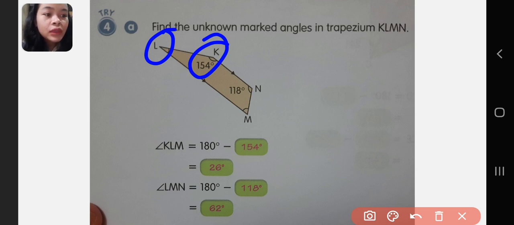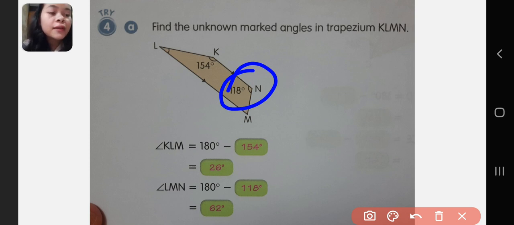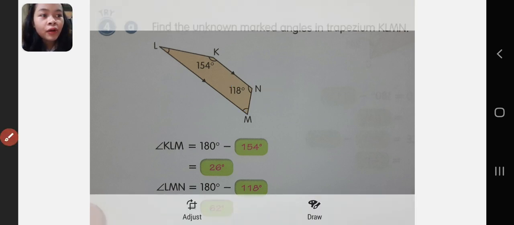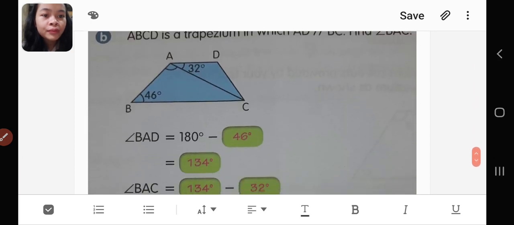How about LMN? LMN is 180 degrees minus 118 degrees equals 62 degrees. That is number 4a. Now move on to number 4b.